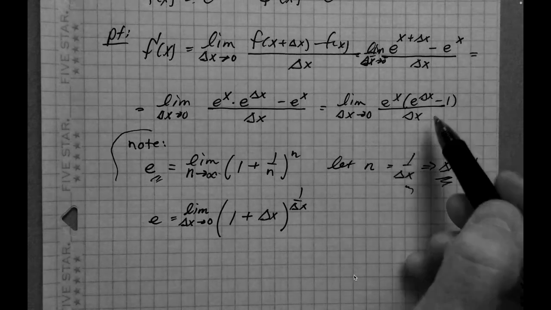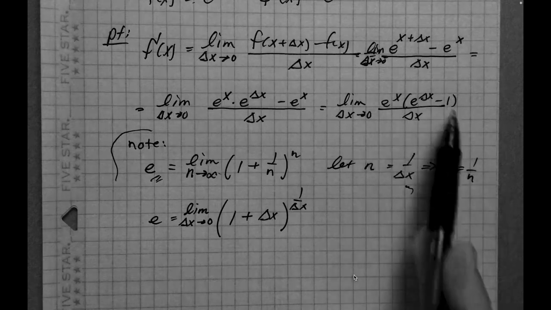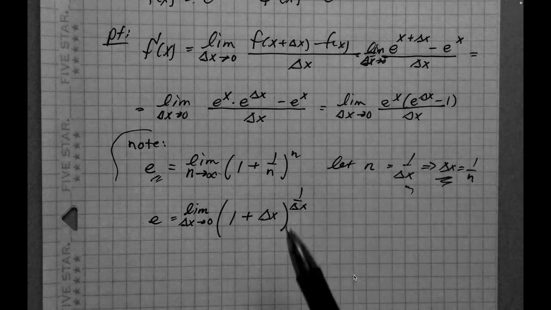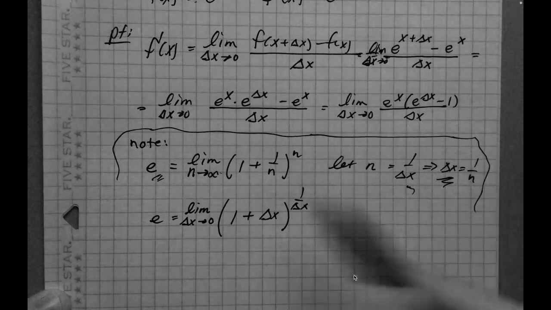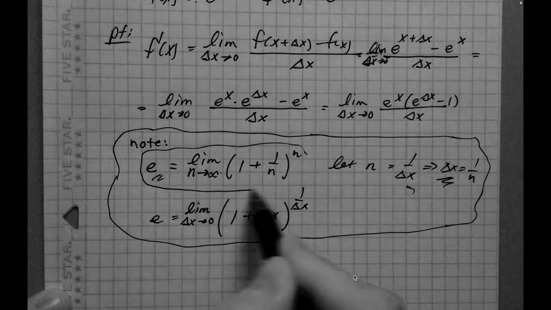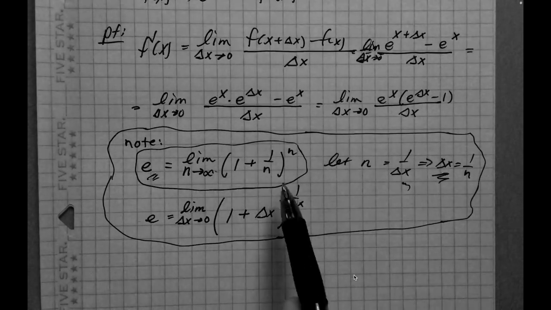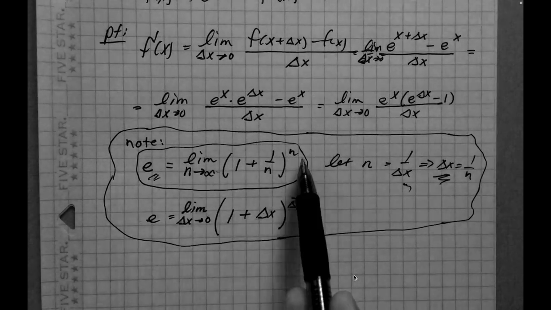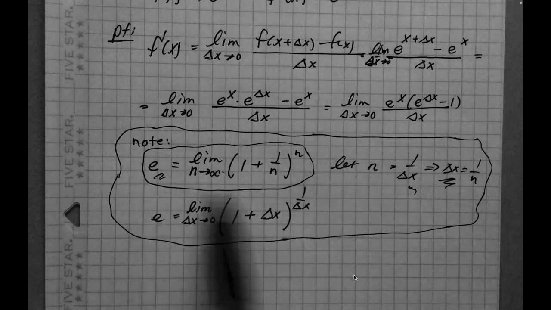So you'll notice here that we're inching towards something we can use up top. This is kind of a side note. This would be the piece that you are maybe not familiar with. This piece is not common knowledge to your Calc 1 students. So dig into this a little more.